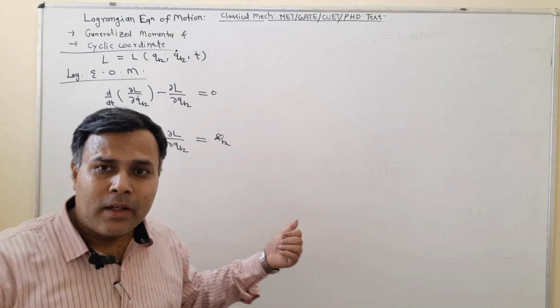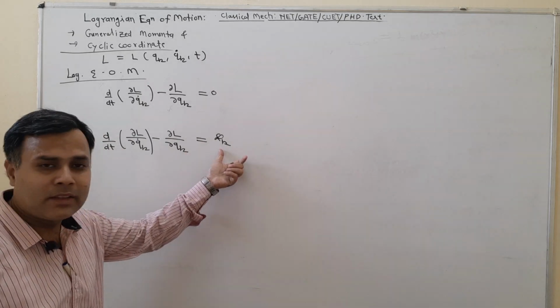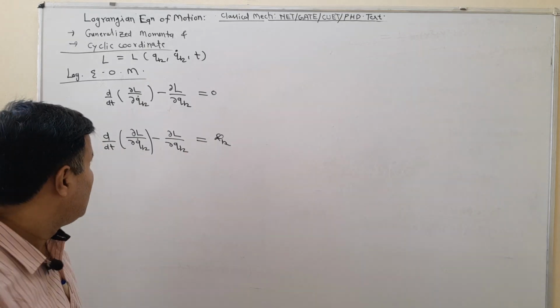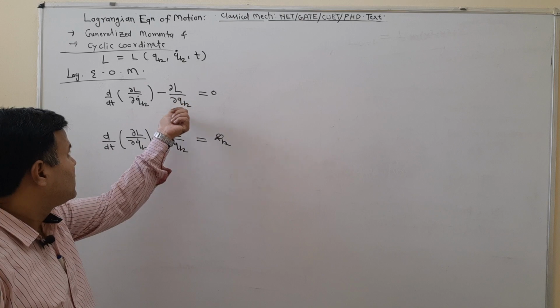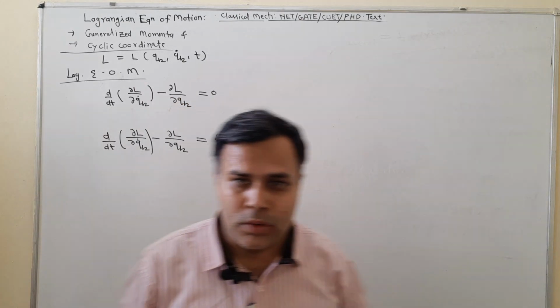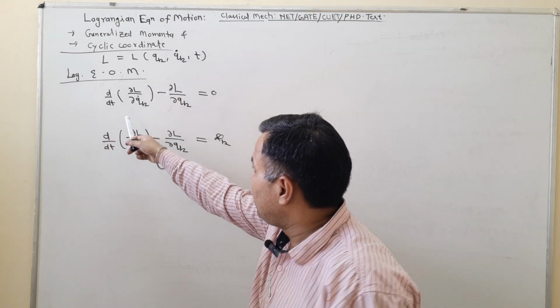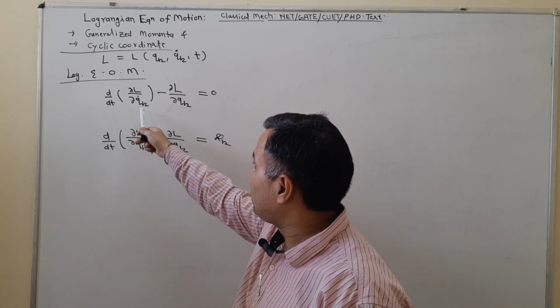I will tell you the details of this right hand side in a later lecture, but we will only focus on this. So there are two types of equation of motion. One is this one, d by dt of del L upon del qk dot.